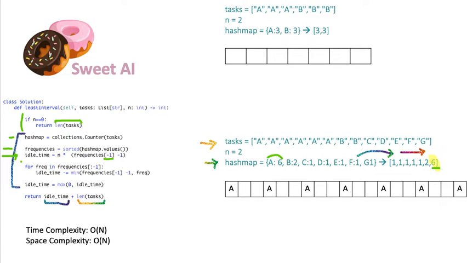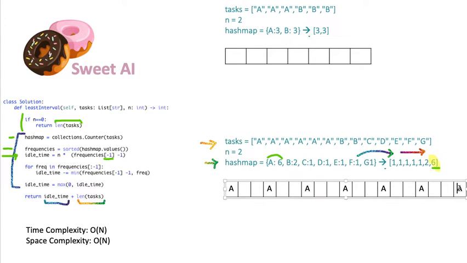And then we are going to call it idle time, and we are going to multiply that by n, because based on the number of repeated tasks that we have, we are going to have that amount of idle times. So we have 6 A's here, 1 2 3 4 5 6 A's.